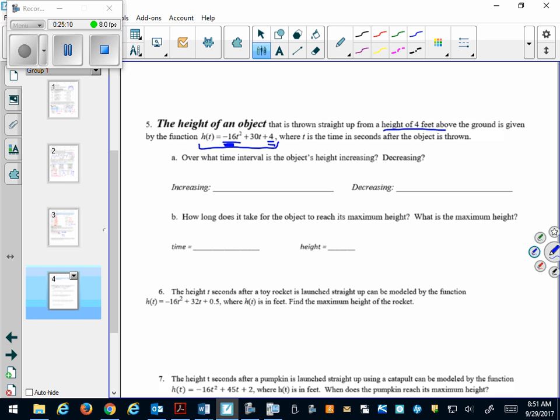What you want to do is put it into your calculator, again, and read the graph on your calculator. They're asking you increasing, decreasing in this case, but the significant question here is how long does it take for the object to reach the maximum height? And what is the maximum height? So again, we're just going to use our graphing calculator.